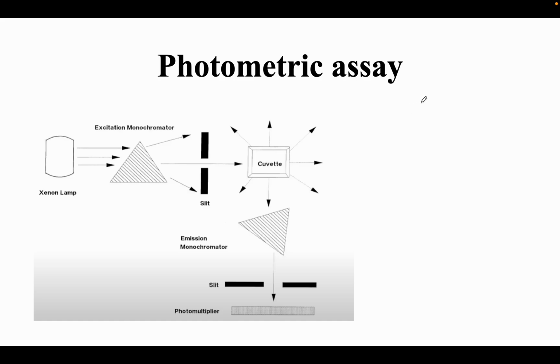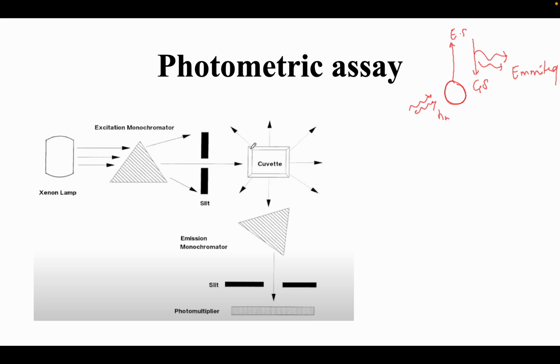Whenever this molecule absorbs light, it goes to the excited state and comes back to the ground state. While coming back to the ground state, it releases some energy in the form of light, and that light is known as emitted light.